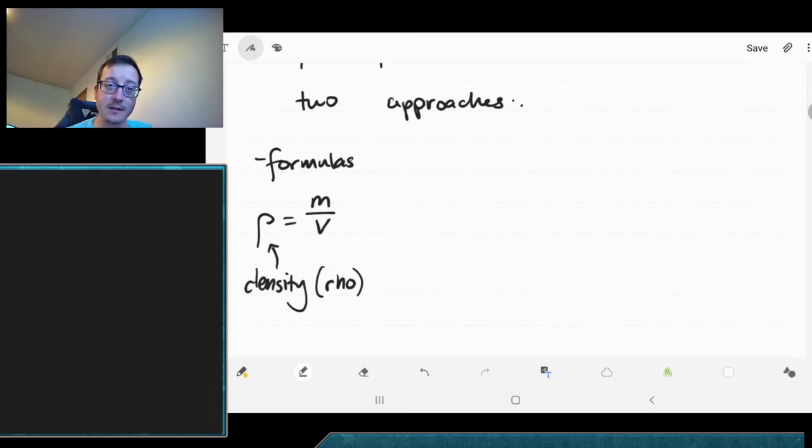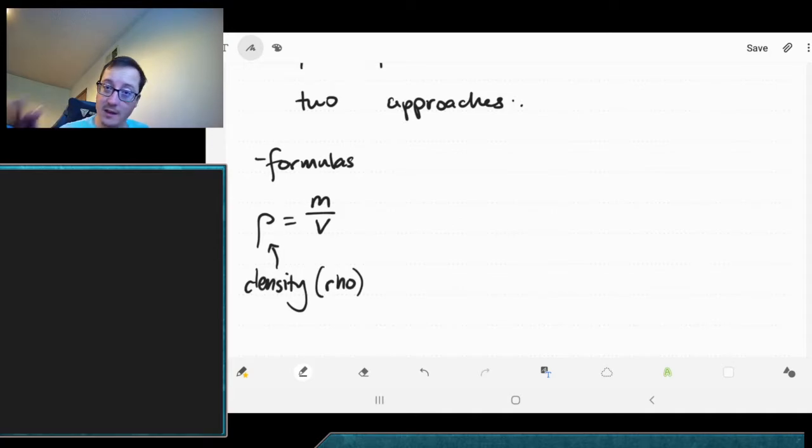It's essentially a formula that's telling us, if we want to relate these three quantities to each other, we can do that by using this formula. We can say, okay, the density is equal to the mass over the volume. That's one way to do it, and it'll work. But if you're going to be doing multi-step dimensional analysis, this is something you'd have to solve beforehand and then move on later.